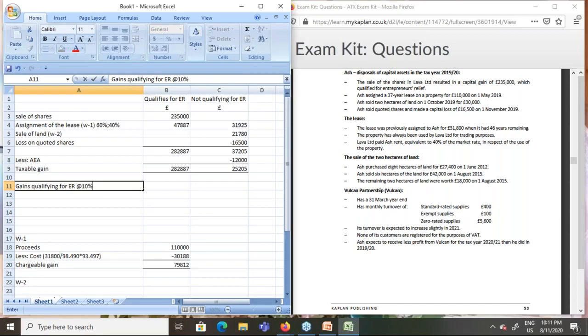That means this 282,887 should be taxed at the rate of 10%. So you get 28,289.